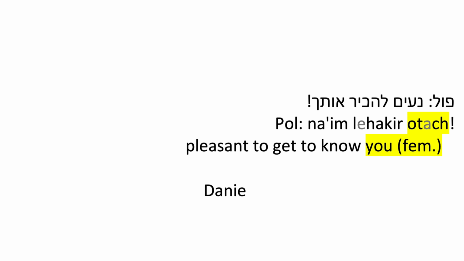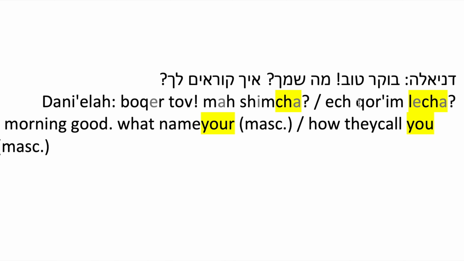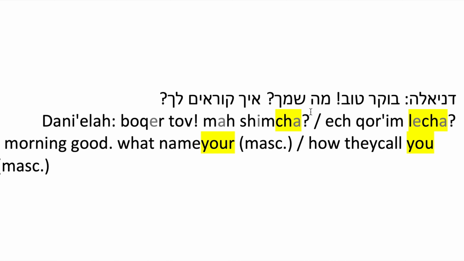She wouldn't say "Naim lehakir otach", but she would have to use the masculine form of addressing Paul. And the masculine form is always, when we go back to the first sentence, cha.